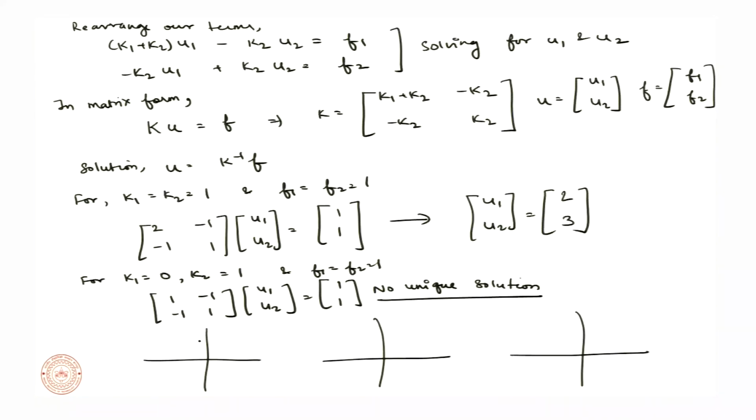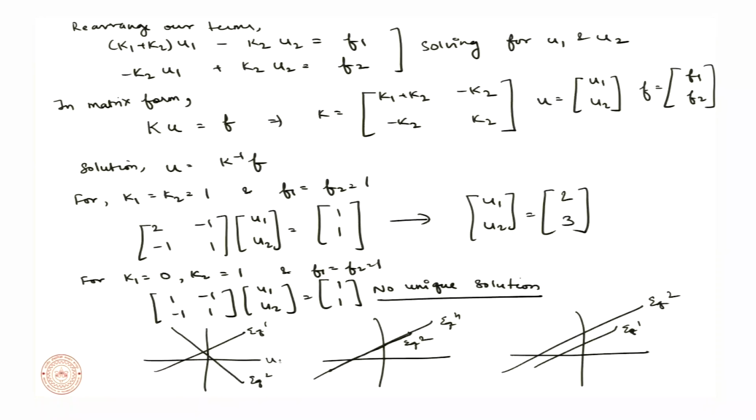Okay. So our two expressions can be written in three ways. So one is that we have a solution like this. Say this is equation 1, this is equation 2, and then we can have equation 1 and equation 2. Okay, this is U1, this is U2.